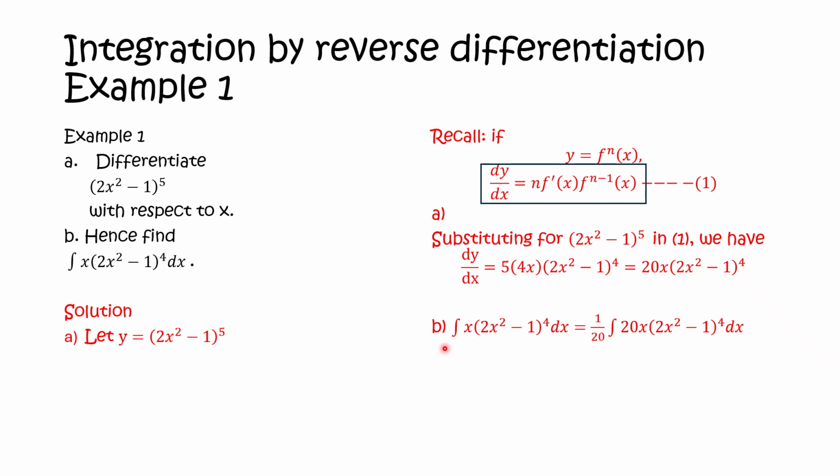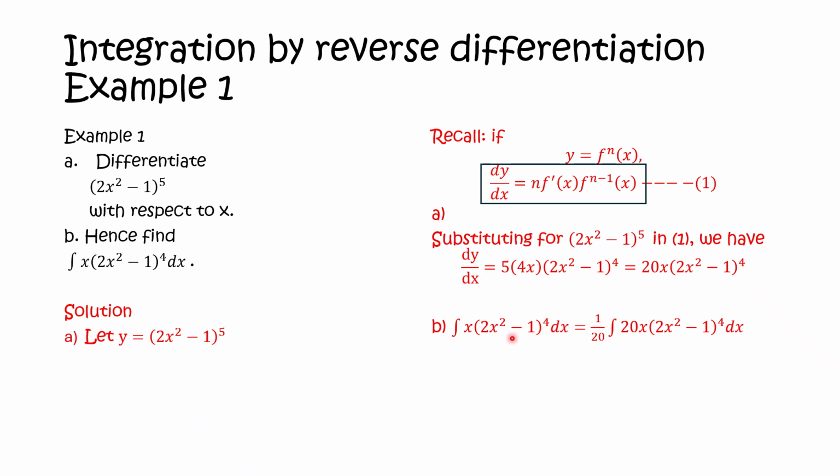With part B, the whole idea here is we are trying to go back to where we started from. So, with what we have inside the integral sign, we are trying to manipulate it so that it looks identical to the derivative that we obtained in A, which we can easily reverse to where we started from. So in B, we have x(2x² − 1)^4.